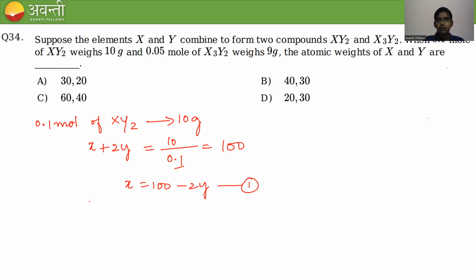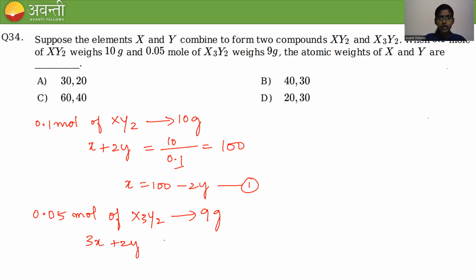Now coming to X3Y2. So 0.05 mole of X3Y2 contains 9 grams. So what is it? It is 3X plus 2Y will be equal to the molar mass, which is mass by number of moles, which is 0.05.